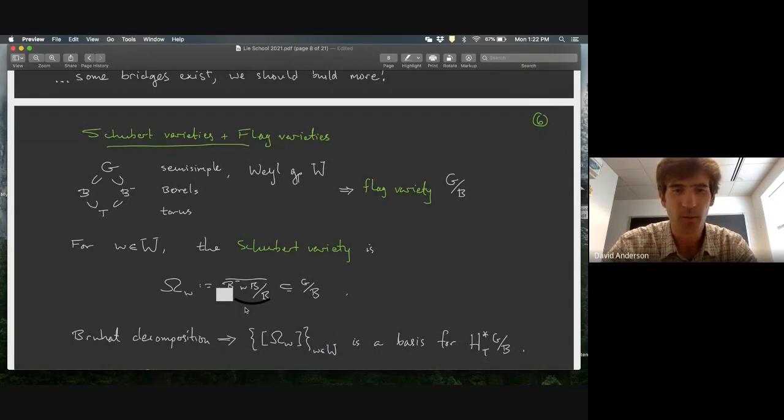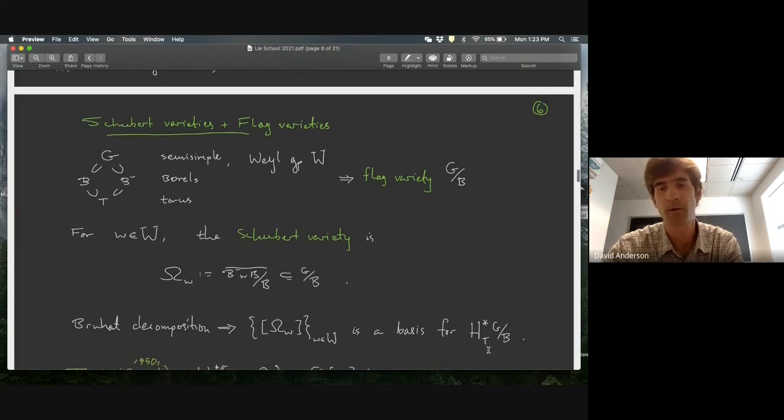All right, so this is what a Schubert cell is. It's the closure, this is what a Schubert variety is. It's the closure of a Schubert cell in the flag variety. The Bruhat decomposition tells you that Schubert cells give you a topological cell decomposition of the flag variety for any group G. And whenever you have a topological cell decomposition, the cohomology classes of their closures form a basis for the cohomology ring.